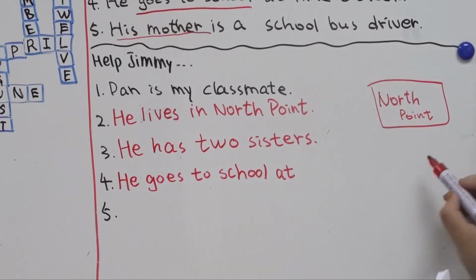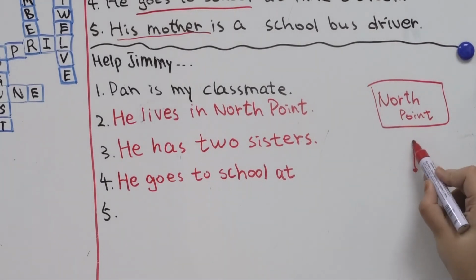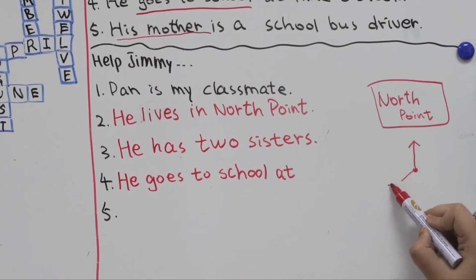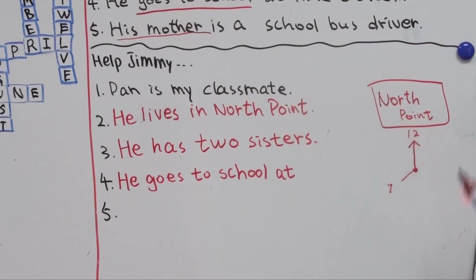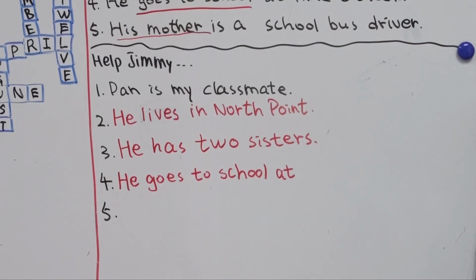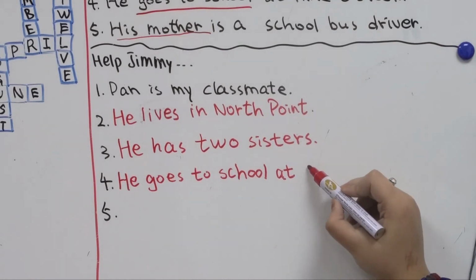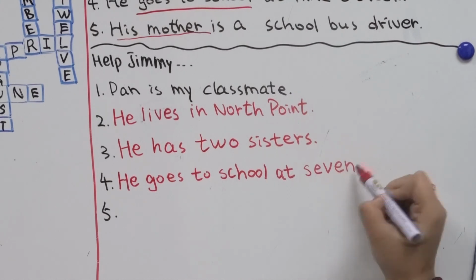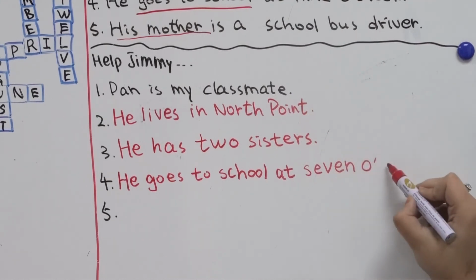The minute hand is pointing to 12, right? And the hour hand is pointing to 7, right? So what time is it? 7 o'clock. Good job. 7 o'clock. So how do we spell 7? S-E-V-E-N and then o'clock, if you remember.